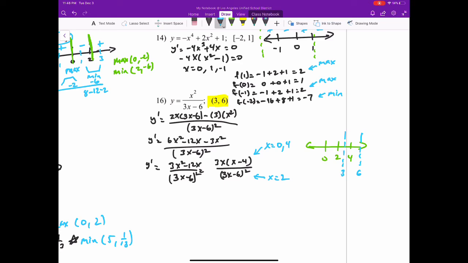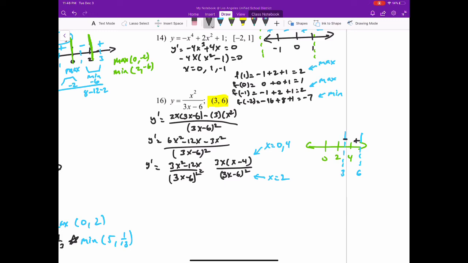They're not my boundary. So if I pick a number on the right side, if I pick 5, for instance, if I plug 5 into my derivative, that's going to stay positive. If I plug in 3 into my derivative, that's going to become negative.